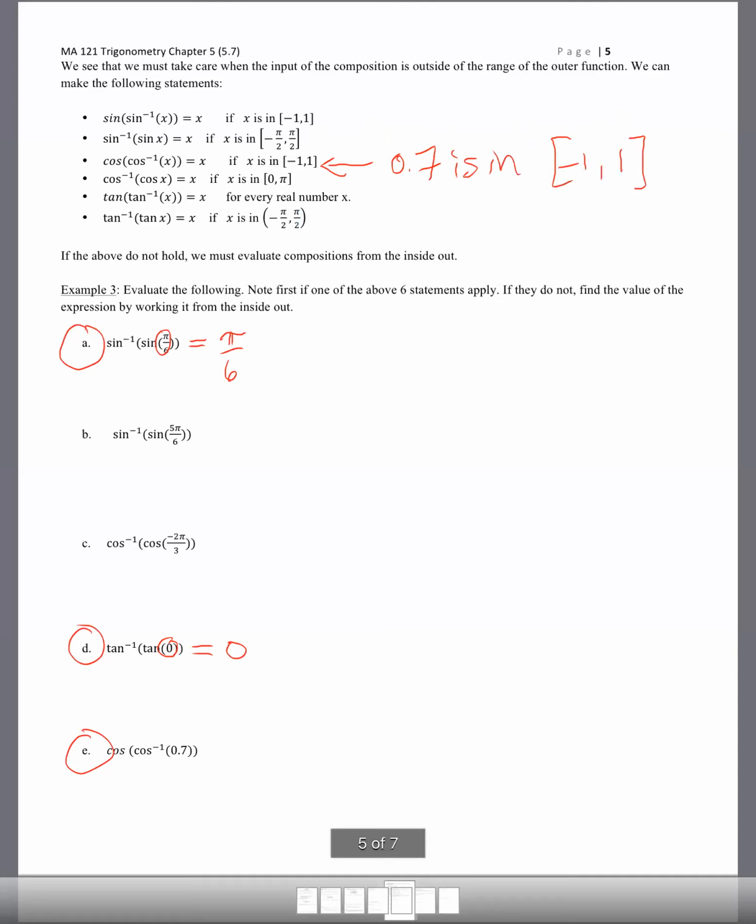It falls between those 2 numbers. So this has a value of just whatever the input is, that's 0.7. All right, so we have those 3 taken care of.